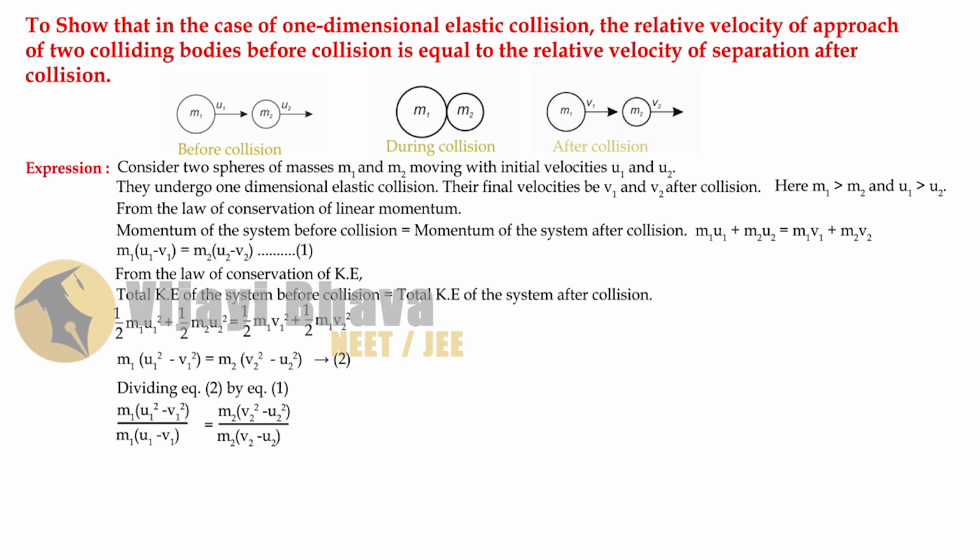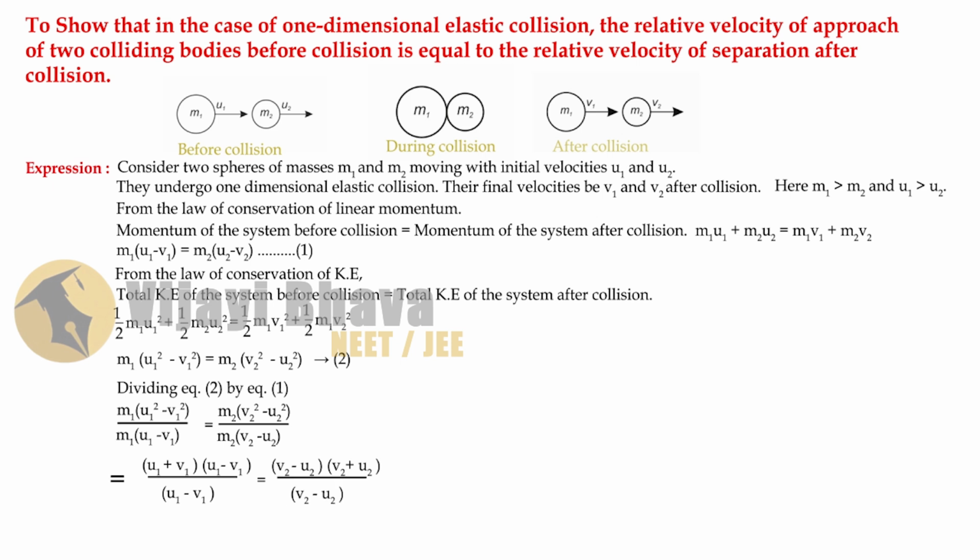The remaining expression is (u1 plus v1) into (u1 minus v1) by (u1 minus v1) is equal to (v2 minus u2) into (v2 plus u2) by (v2 minus u2).